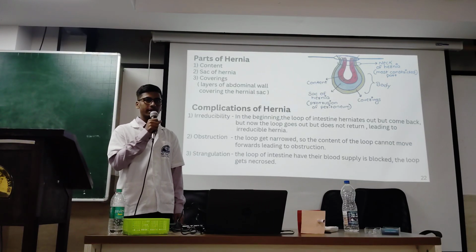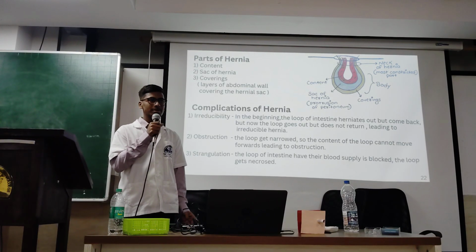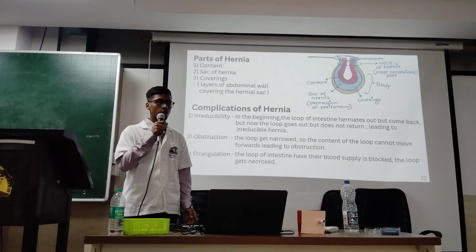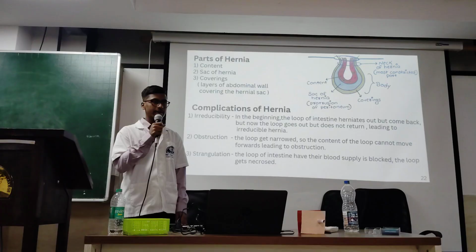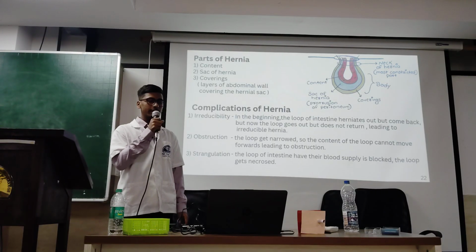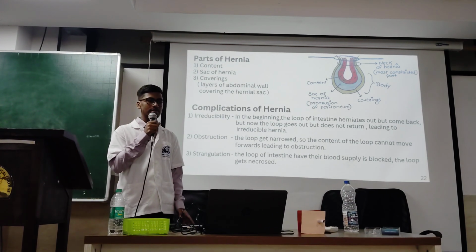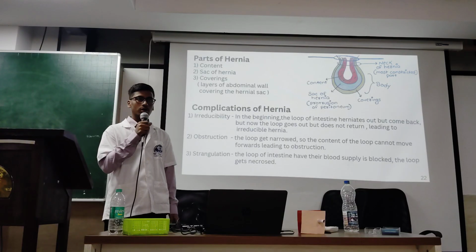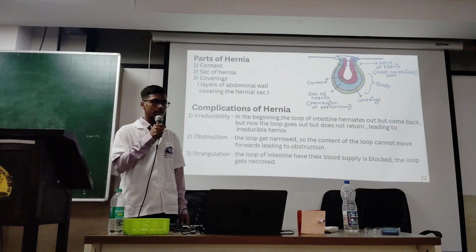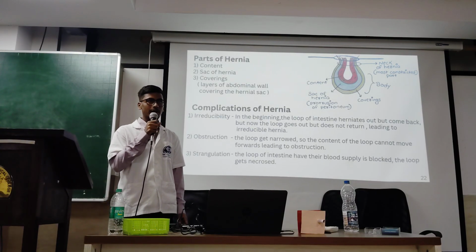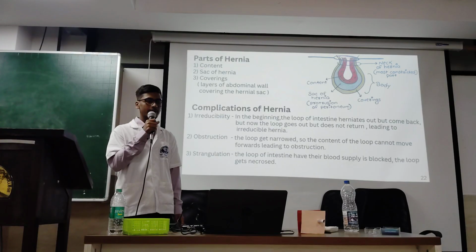The complications of hernia can be said to be the fate of hernia. The hernia can be irreducible, obstructed, or strangulated. First one, irreducibility. In the beginning, the loop of intestine herniates out and comes back. But if the hernia is untreated and remains as such, the loop goes out but does not come back, leading to an irreducible hernia. Obstructed.